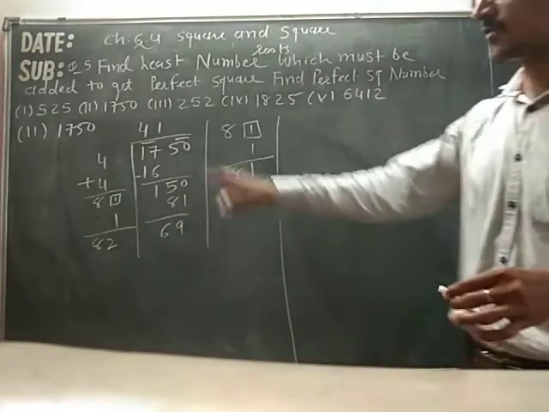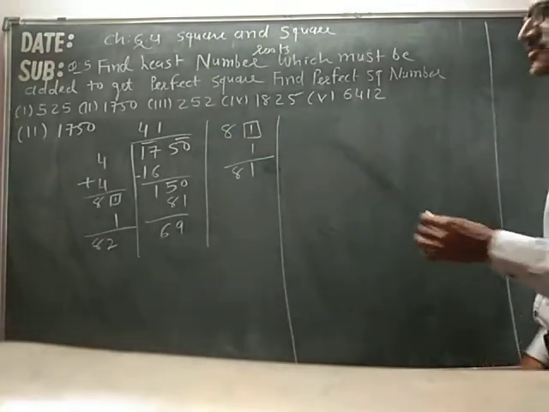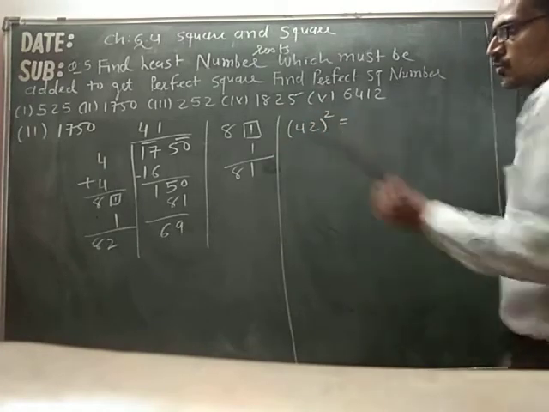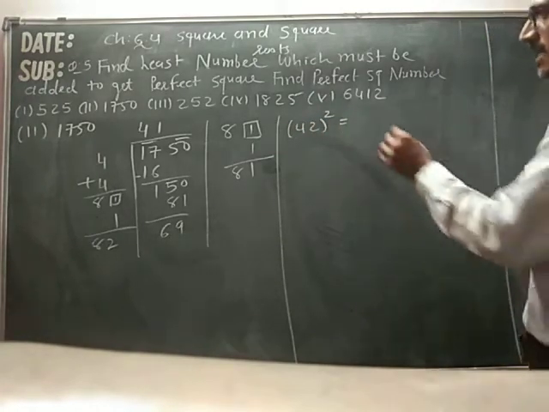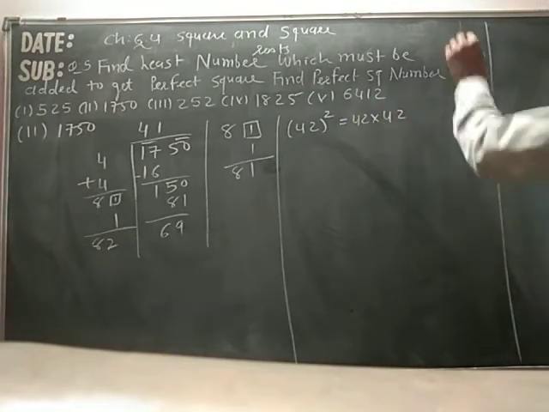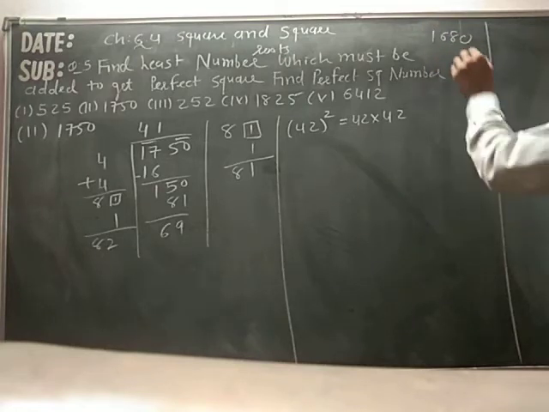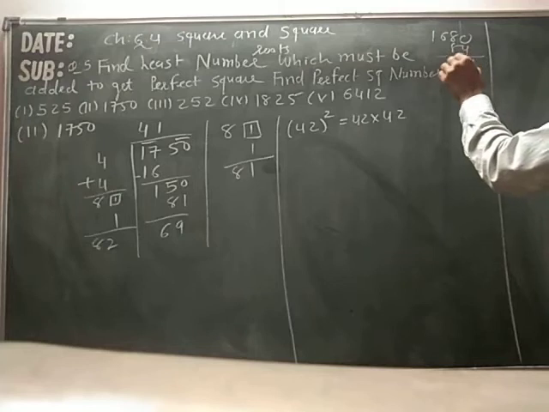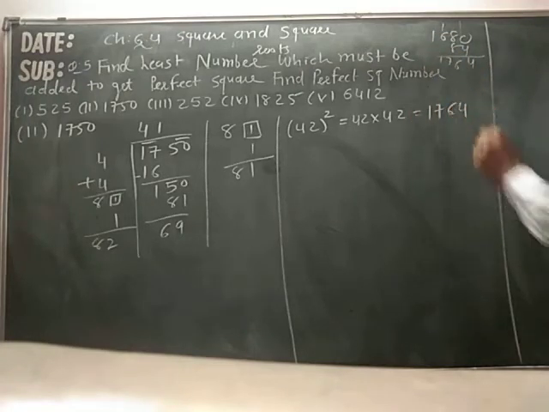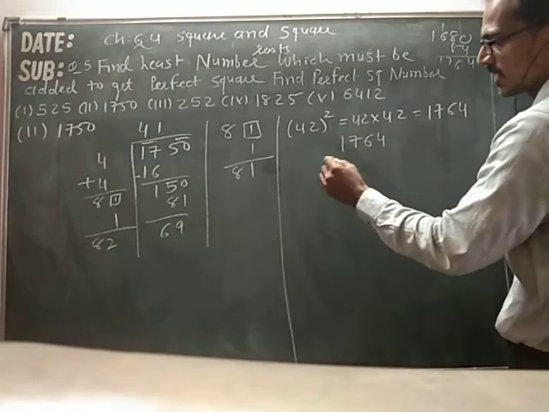Now, as I told you, we'll find the square of the next number. So after 41, which number comes? 42. We'll find the square of 42. You can find the square of 42 by multiplying 42 with 42. It will be 1764. Now what we'll do? We'll subtract the question from this square.